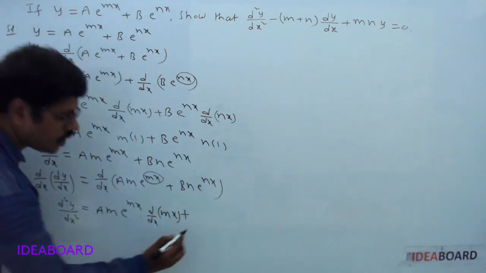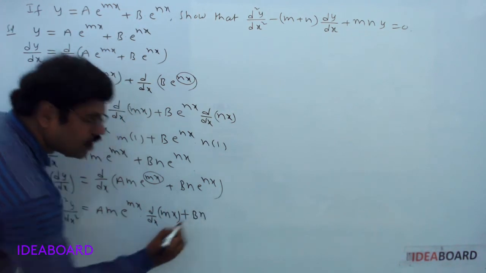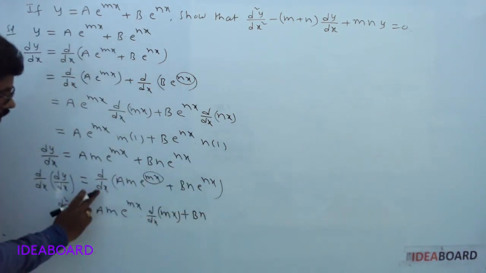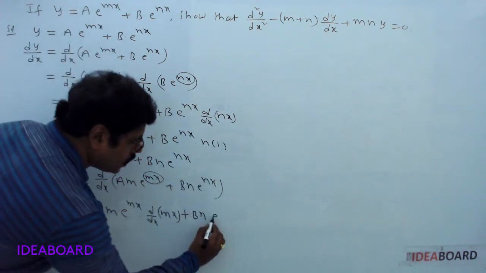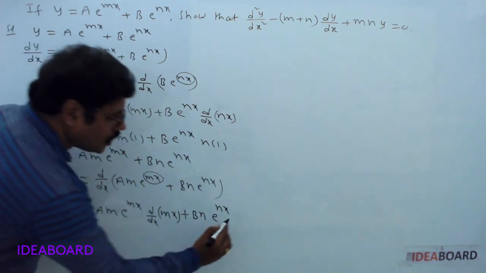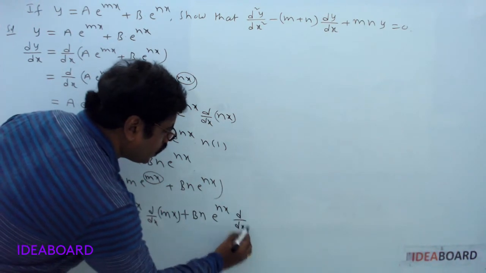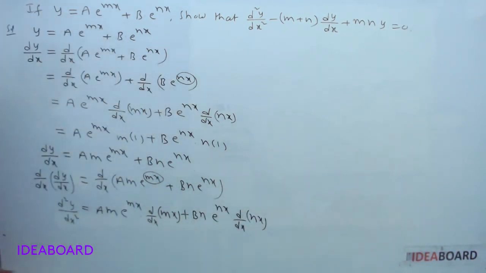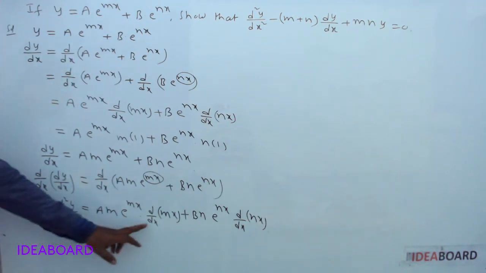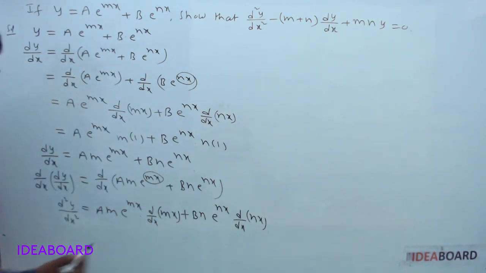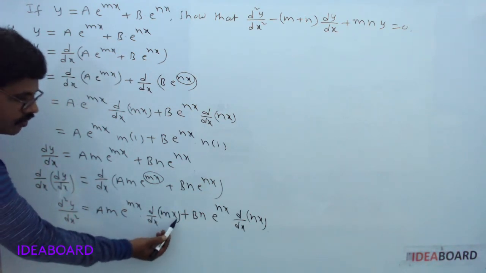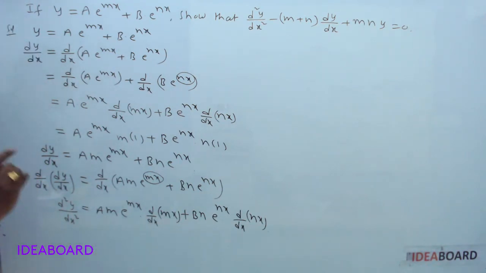Plus derivative of bn into e power nx. Here bn is the constant term, so bn into derivative of e power nx. Derivative of e power nx is e power nx into derivative of this power nx. Now derivative of mx. Here m is the constant term, so this is m into derivative of x with respect to x is 1.